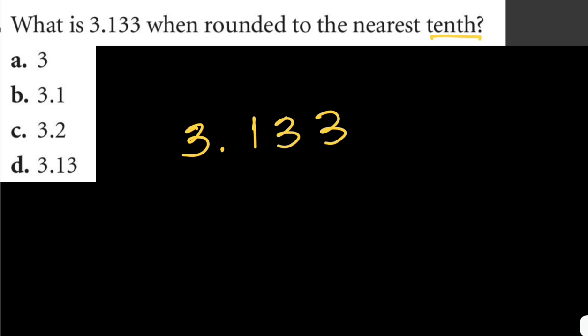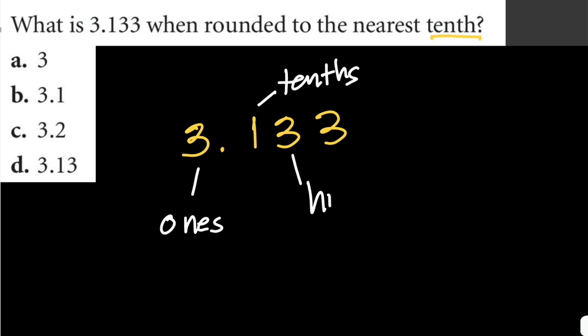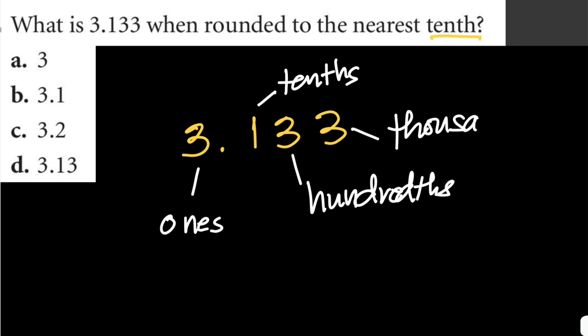But let's identify the places here first. 3 here, the decimal place value is ones, and 1 here is tenths. This one is hundredths, and this one is thousandths. And we are asked for the nearest tenth.